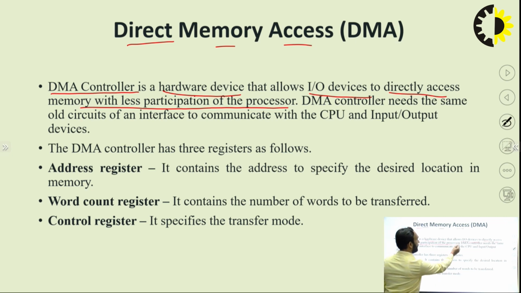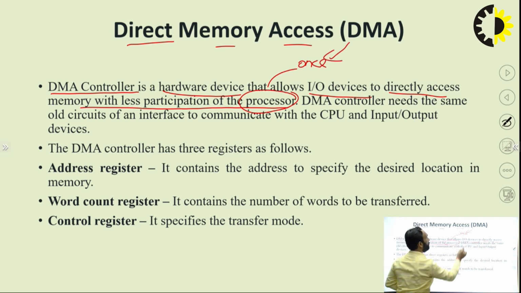So the processor is involved once if we use DMA, but if we are not following the DMA concept, we need to involve the processor at every IO operation executed between memory and IO devices.